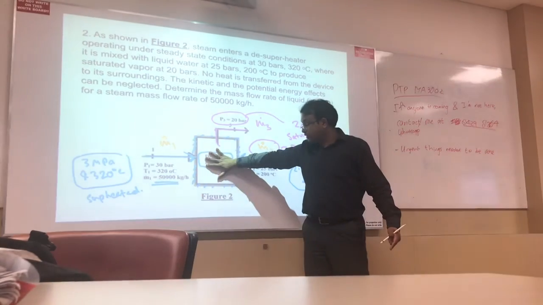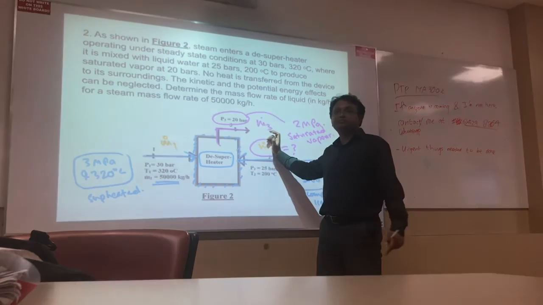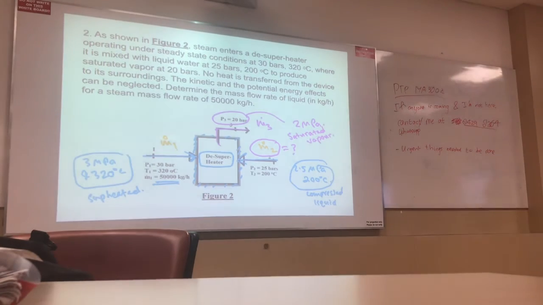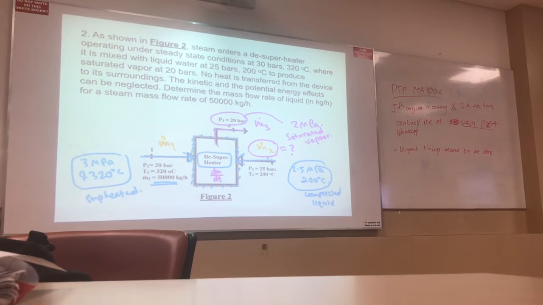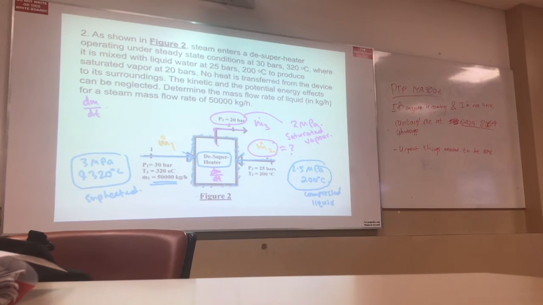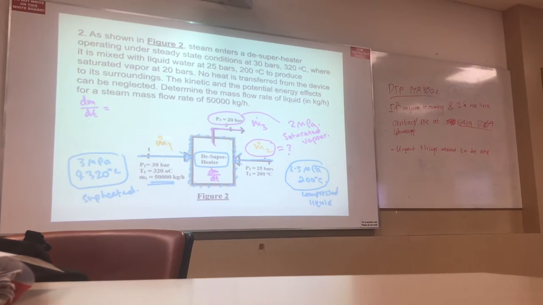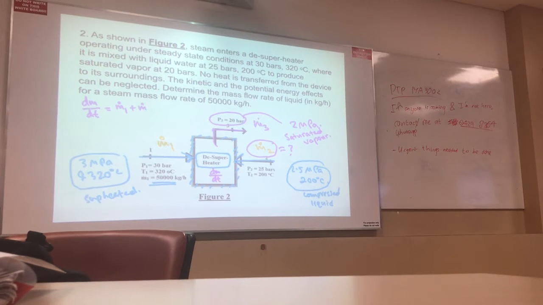dm/dt is equivalent to m.1 plus m.2 minus m.3. So dm/dt is equivalent to how much fluid enters the system, m.1 plus m.2, and how much fluid is leaving the system, m.3.